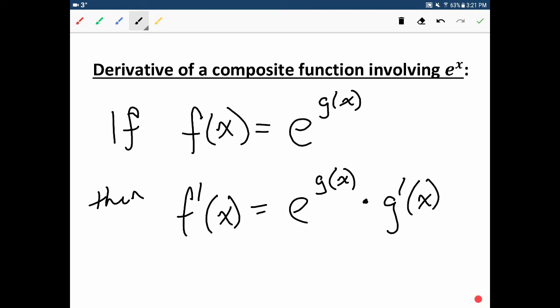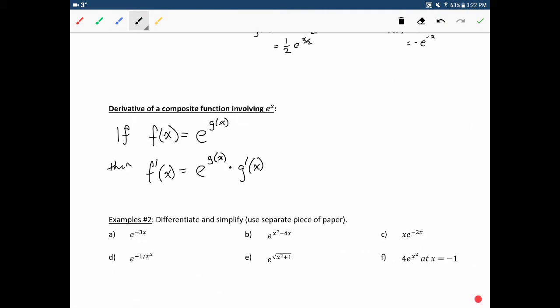In other words, you just write down exactly the same thing you had, but then you multiply by the derivative of that exponent. And that's all there is to it.